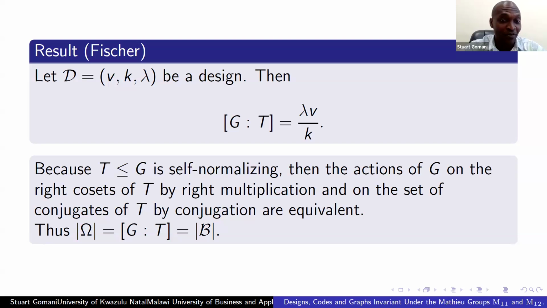The consequence of that equivalence is that the index of the maximal subgroup in the group is equal to the number of blocks of our design. But also, the index of the maximal subgroup of the group is equal to the number of conjugates of the maximal subgroup in the group.